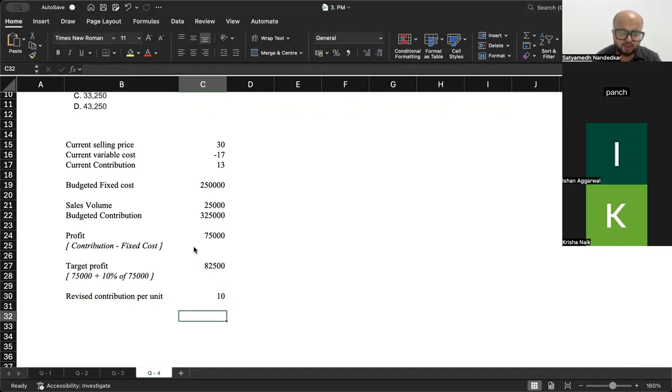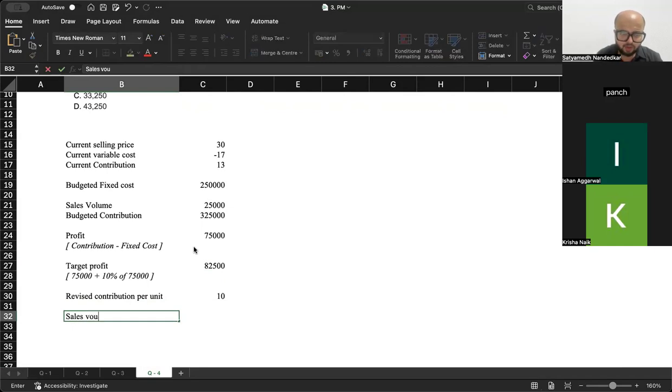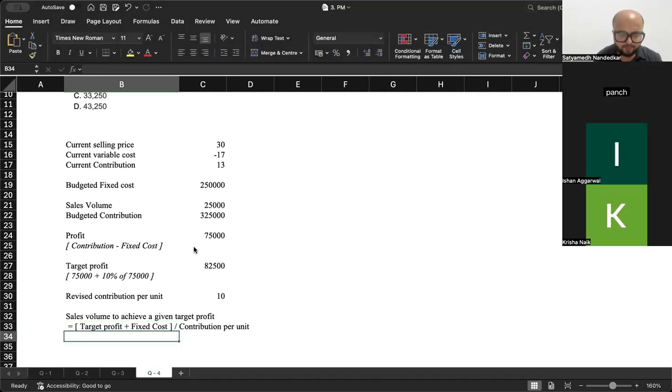Revised contribution per unit is 10. Now, what is the formula for sales volume to achieve a desired profit, given target profit? What is the formula? Target profit, go ahead. Plus fixed cost divided by contribution per unit. Okay. So target profit is 82,500. What is my fixed cost? 2,50,000 divided by 10.